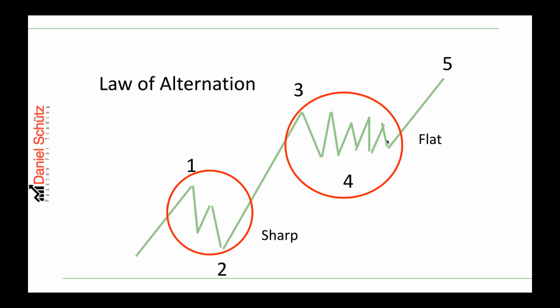Another thing is the law of alternation. If we have wave number 2 as a sharp correction wave, then wave 4 has to be a flat correction wave.